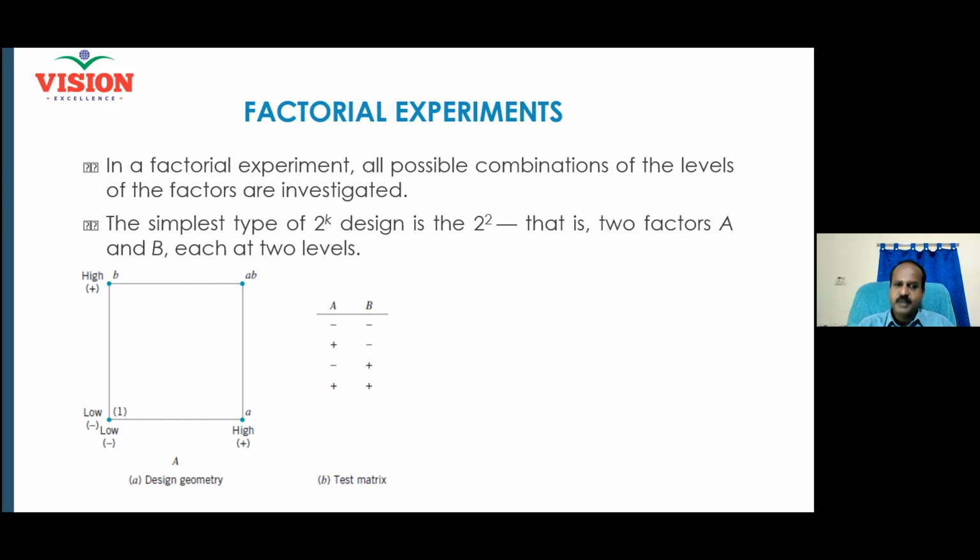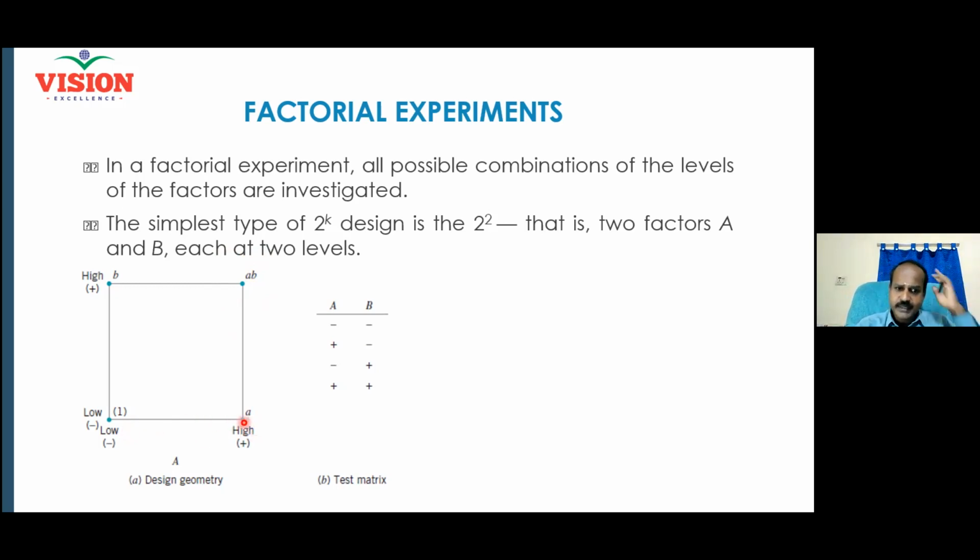Both factors low. What is this corner? Both factors high. Both factors low, I am going to use the symbol 1. Both factors high, I am going to use the symbol AB. So AB means A is high, B is also high. What is this point?